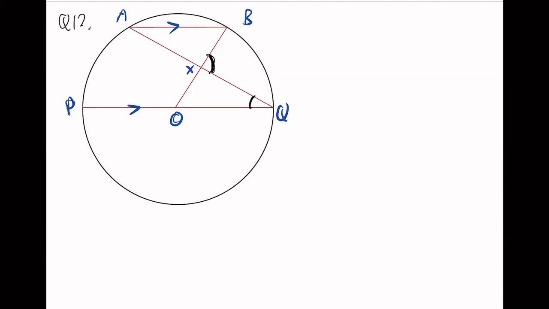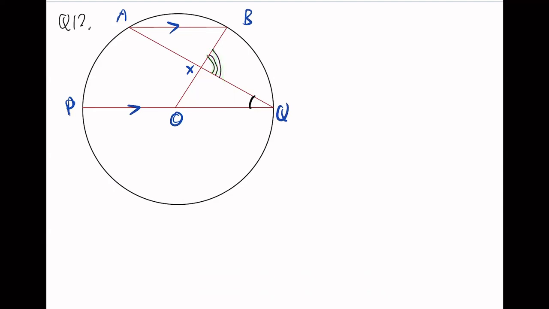I'll put a triple line, just for fun, to indicate that it's triple. PQA is the smaller angle, BXQ is the bigger angle, 3 times as big. So that's why I put a triple line.